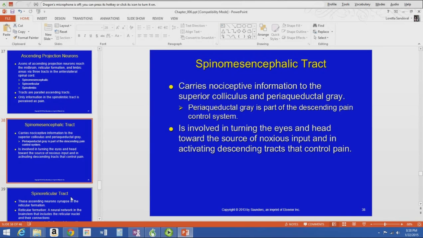So not only does it turn your head and eyes towards the pain, it also starts to activate your descending pain control. So your endogenous pain control systems that work without having to take pain medications or anything like that. That's what that Spinomesencephalic Tract does.